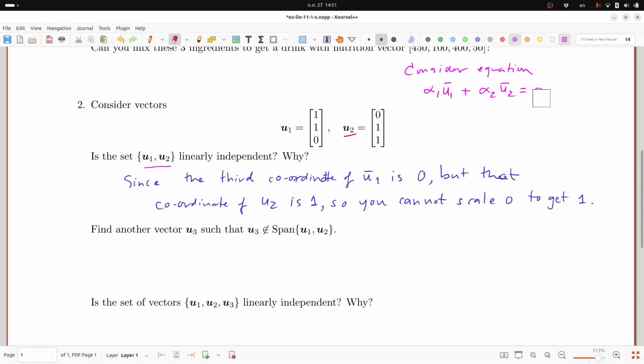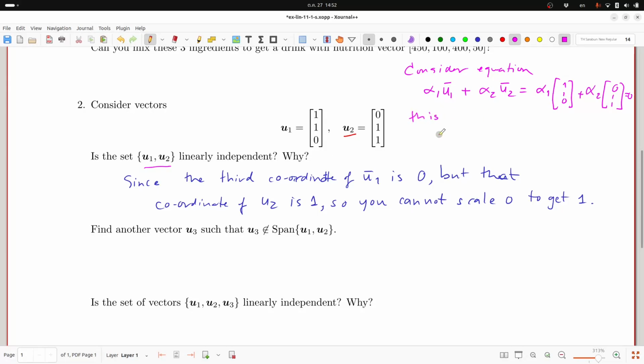But this is like alpha 1 times (1, 1, 0) plus alpha 2 times (0, 1, 1) equals 0. Since the last, you can just conclude, right?